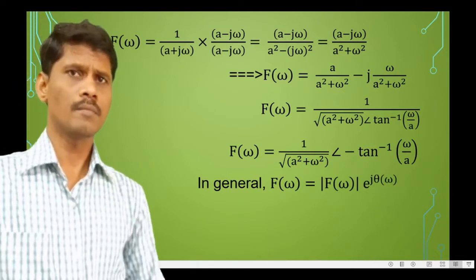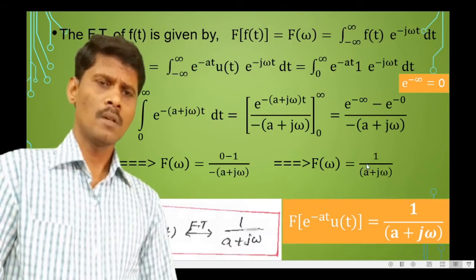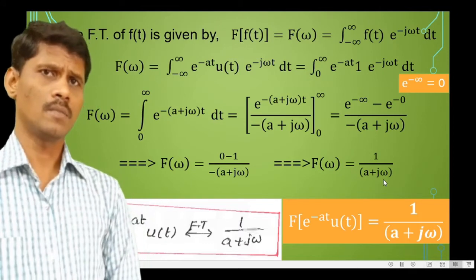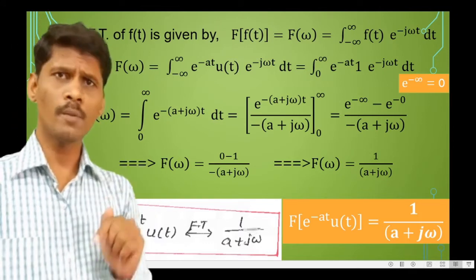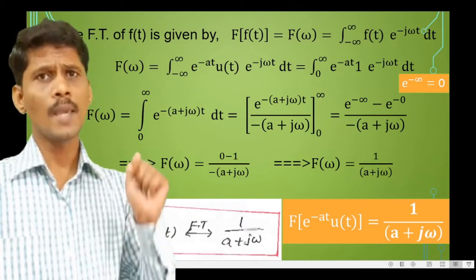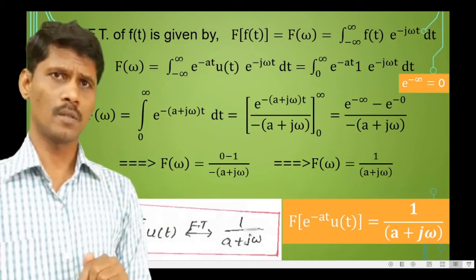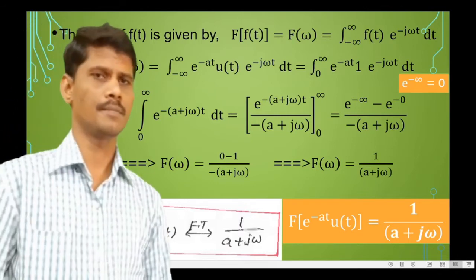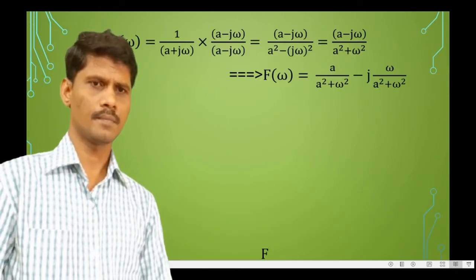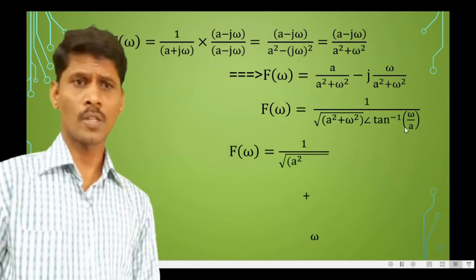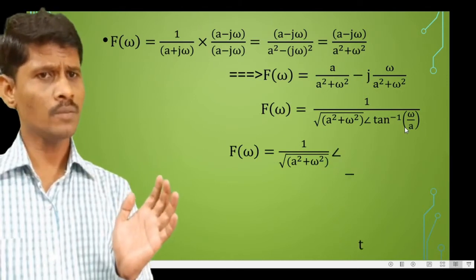Is it clear? Next, the phase angle from this equation. 1 divided by, now here a plus j omega is in the denominator. So the phase angle is 1 at an angle of tan inverse of omega by a, tan inverse of imaginary part by real part. Is it clear, everyone?